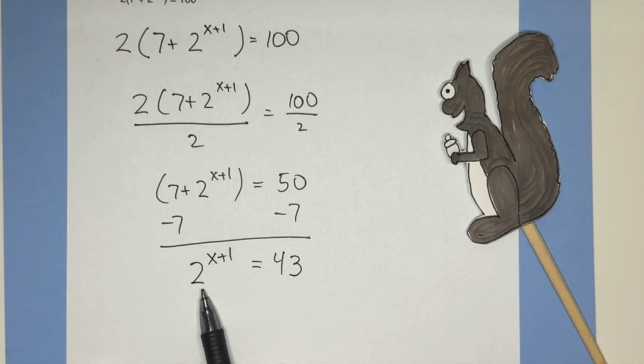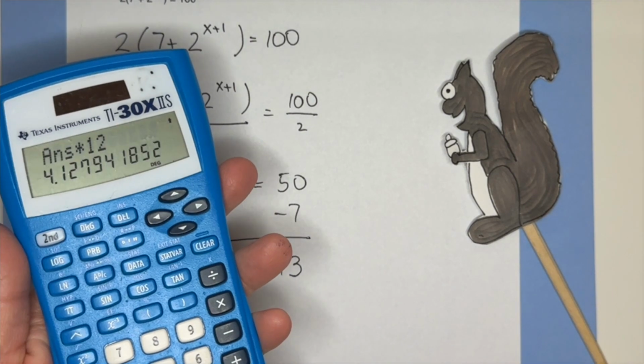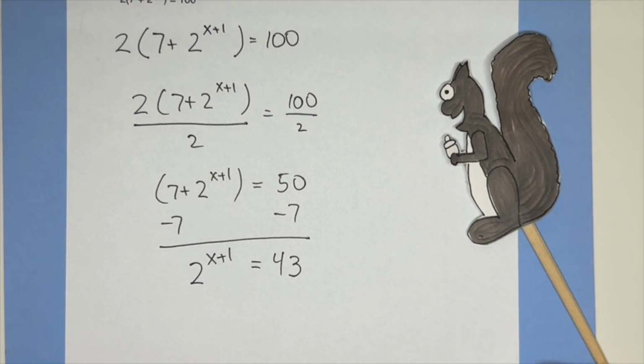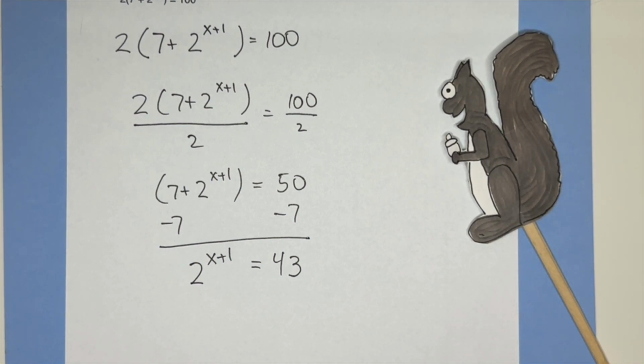And again, since the base is 2 and I don't have a log base 2 on my calculator. Now, might you have a log base 2 on your calculator? Absolutely. If you have the TI 36X Pro, you have log base 2. You have log base anything you want. But in this calculator, I only have natural log or log. I'm going to use log because I just used natural log.